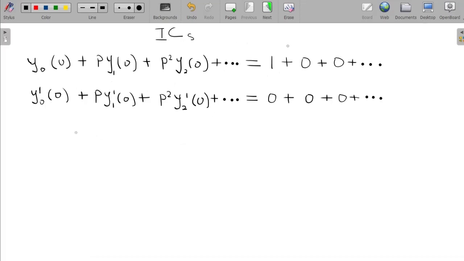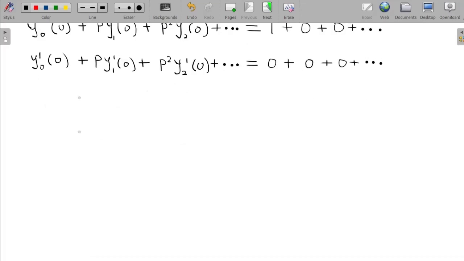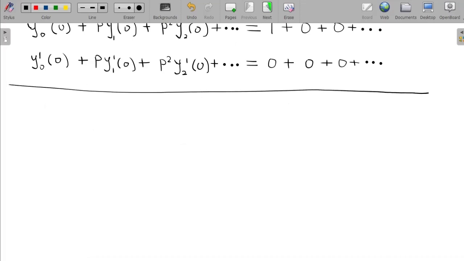The same thing with y'(0). So when we equate according to the power of p, for p raised to power 0, we have y0'' equal to 0 with the initial conditions y0(0) equal to 1 and y0'(0) equal to 0.